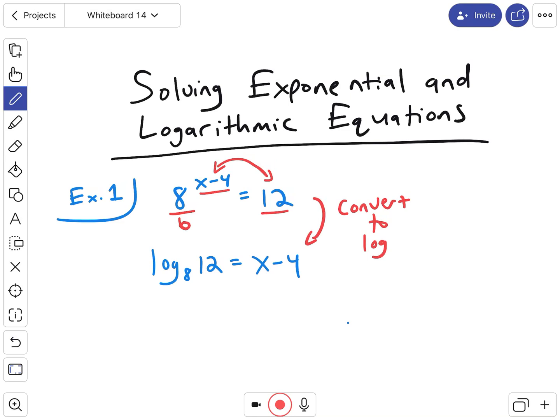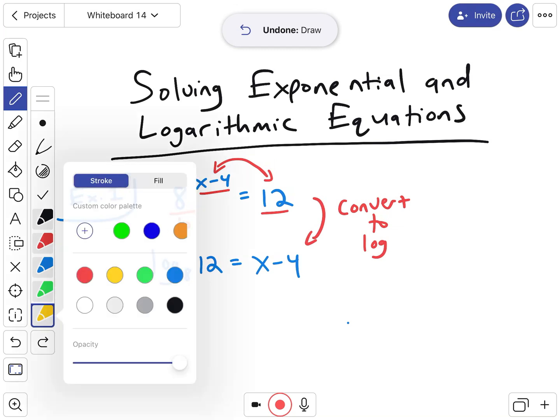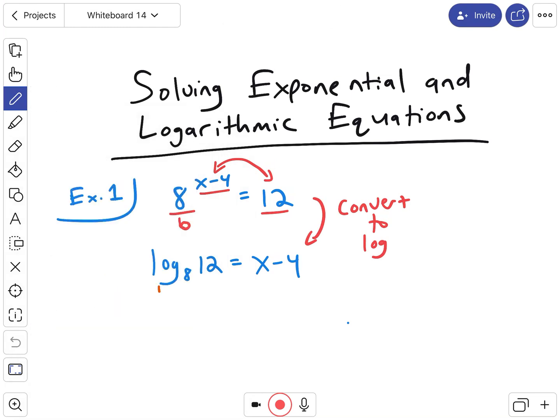Okay, so now that we've converted it, we can actually simplify. And the reason we can simplify is that all of this you could put in the calculator.